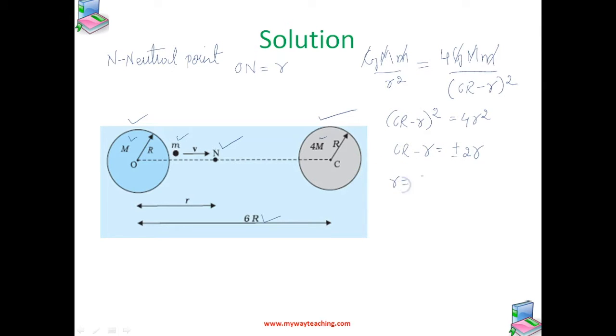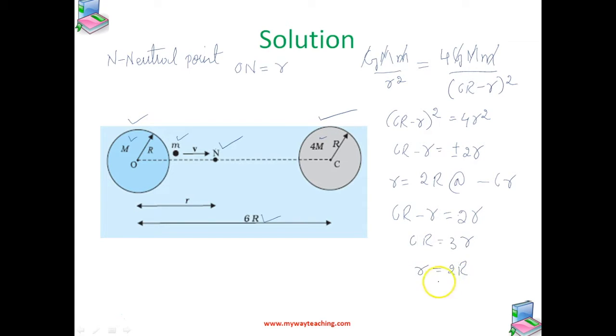So r is equal to 2r, or it can be minus 6r. If you consider this equation, once consider plus 2r, once minus 2r. If you consider plus 2r, in that case it will be 2r.